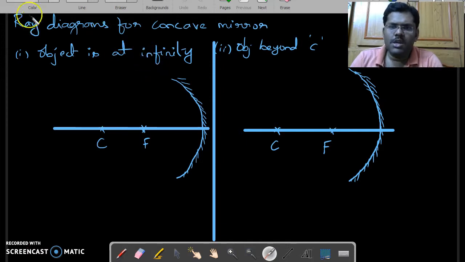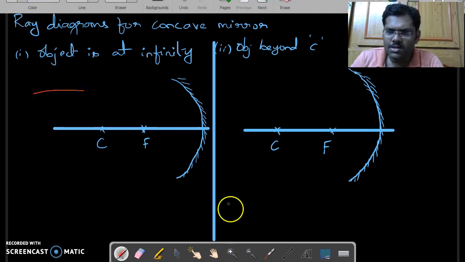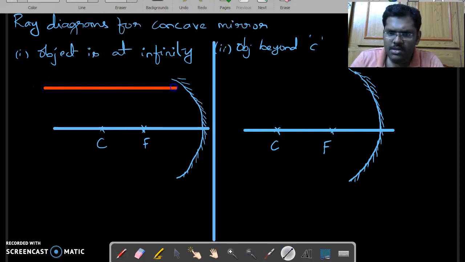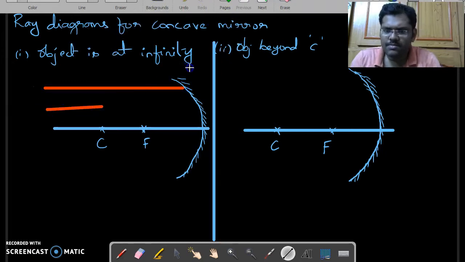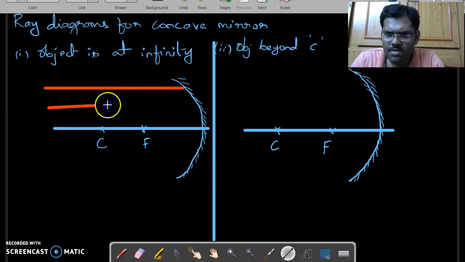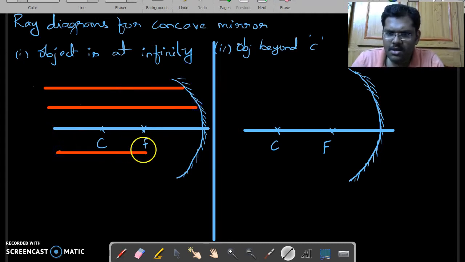When an object is at infinity, we get parallel rays, and those parallel rays will be drawn like this. This is another parallel ray, another parallel ray.